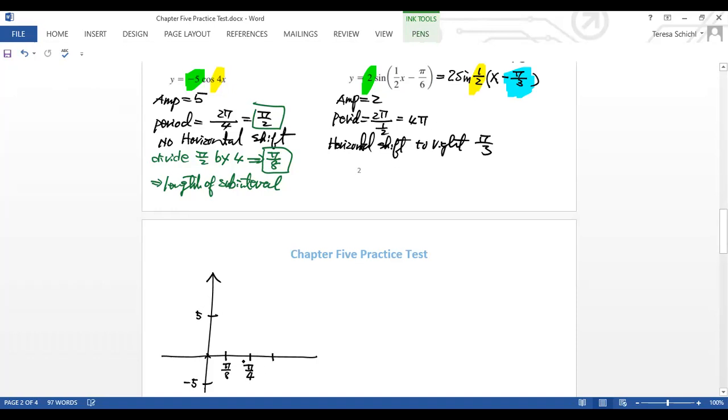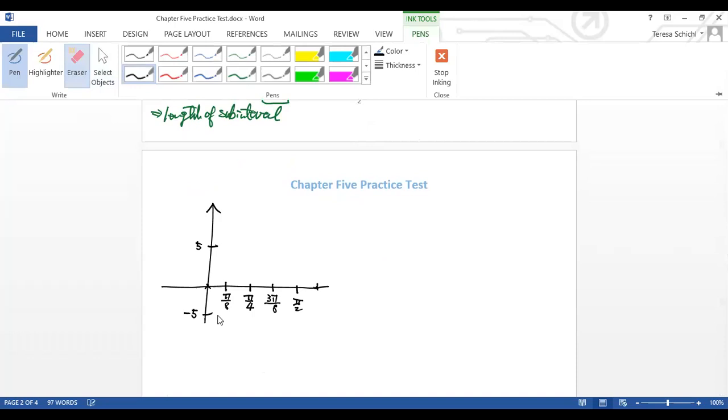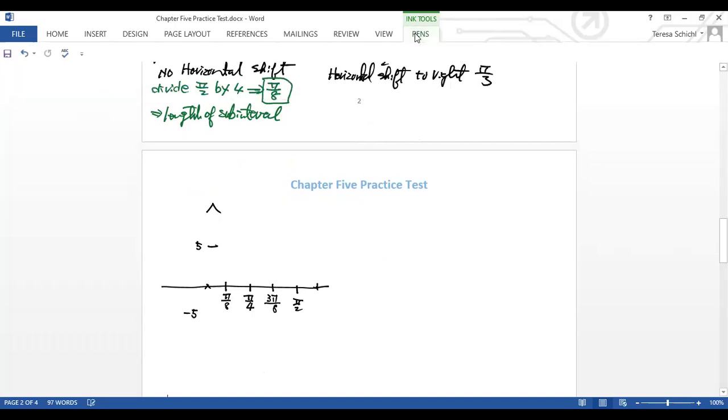Then add another pi over 8, so here is 3 pi over 8. Then add another pi over 8, and here is pi over 2. You can continue. Maybe I need to make this a little bit longer. Let me see here.